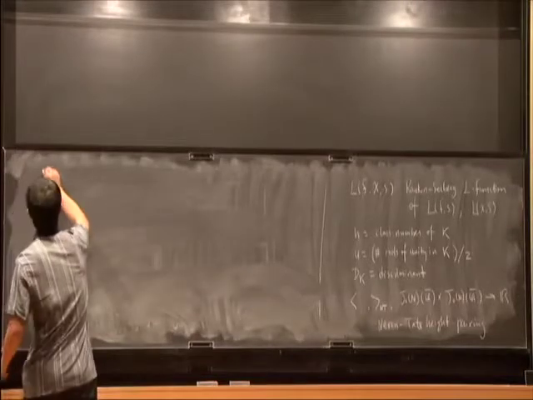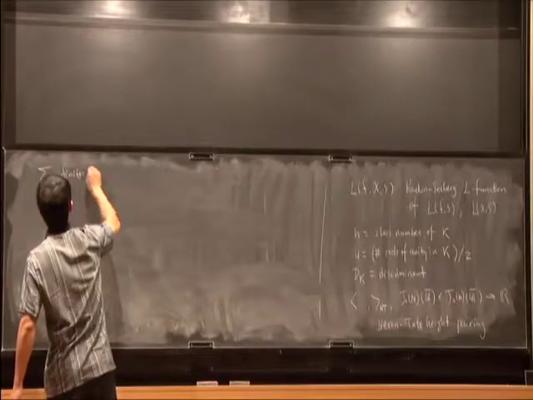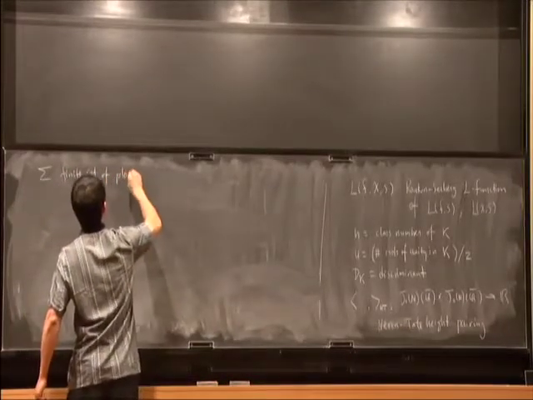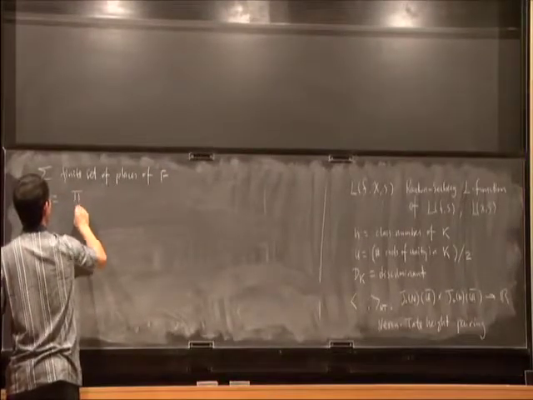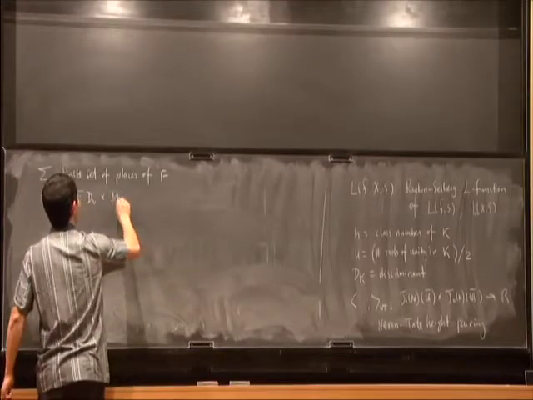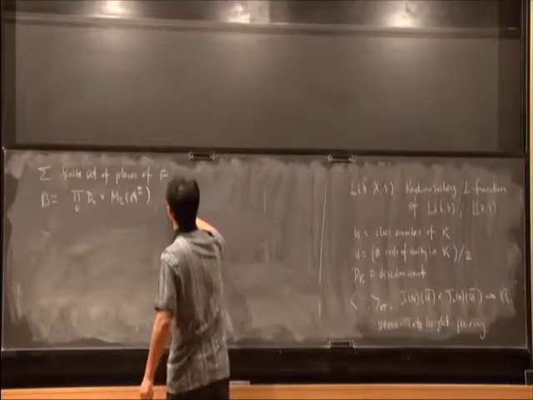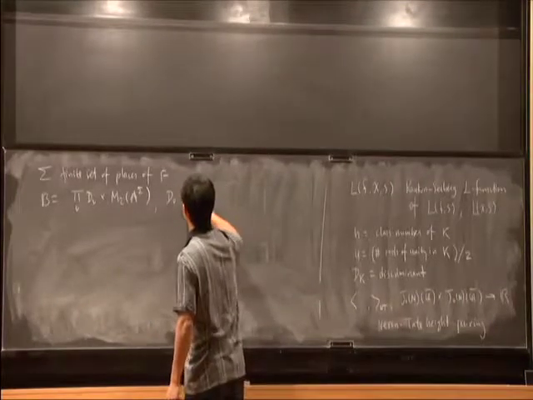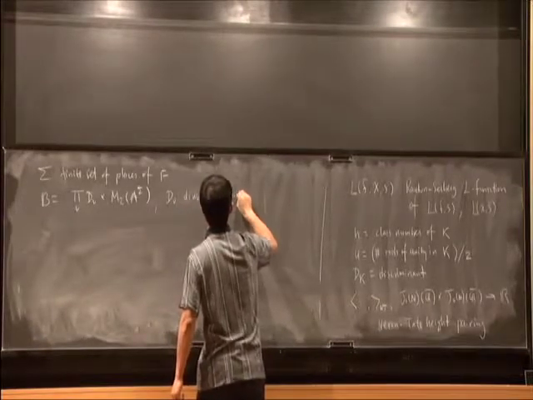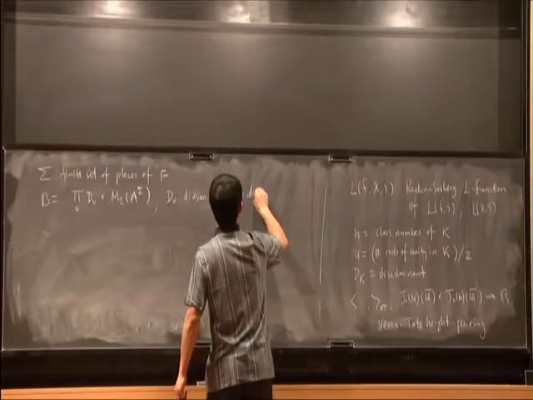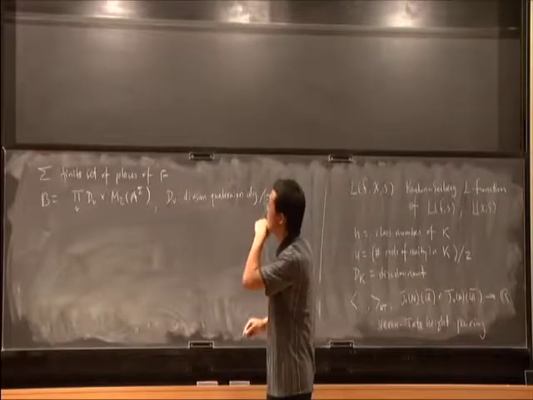So now this B, we have a set sigma, a finite set of places of F. Then this B is the product of the D_v times M_2(A^sigma), where this D_v is the unique division quaternion algebra over F_v for v within sigma.